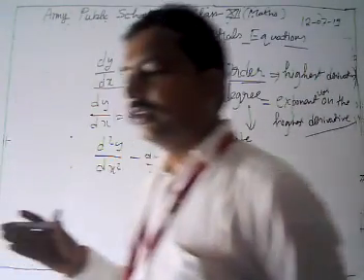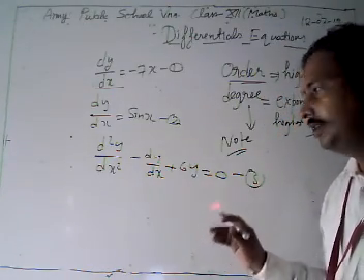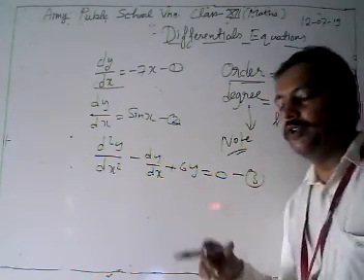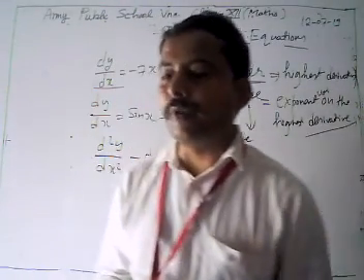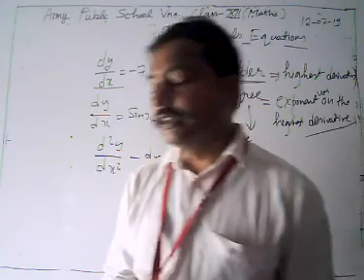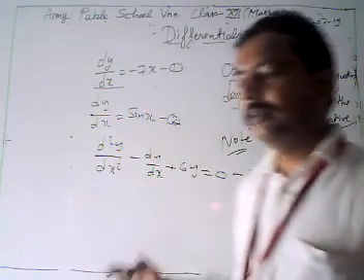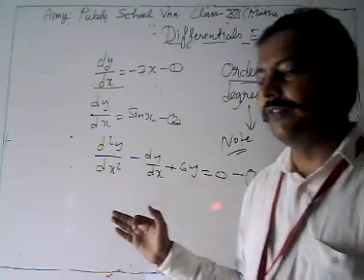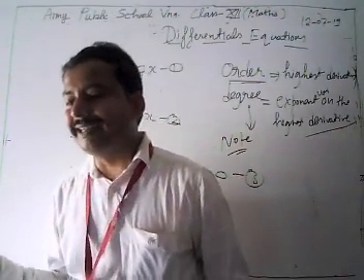Please all of you look at that. To find the degree, first you have to check whether the given differential equation is in the form of a polynomial or not. In the form of a polynomial means it should not be in the form of any radicals.